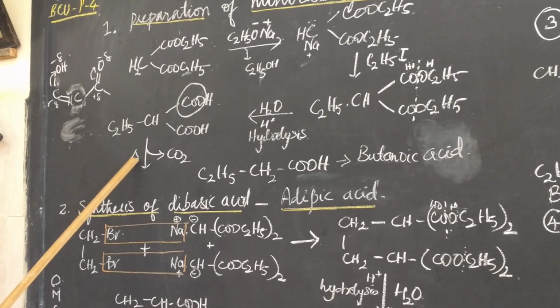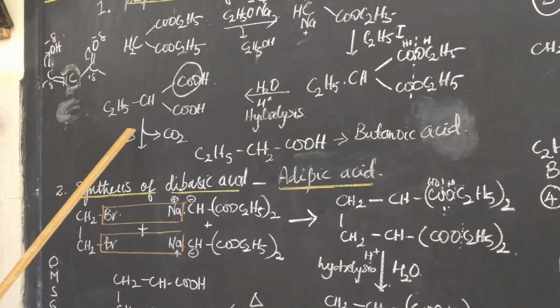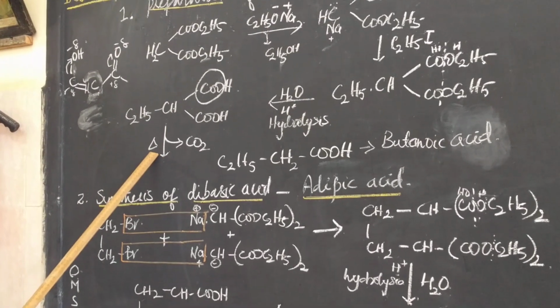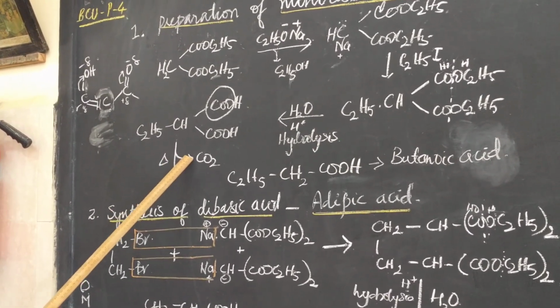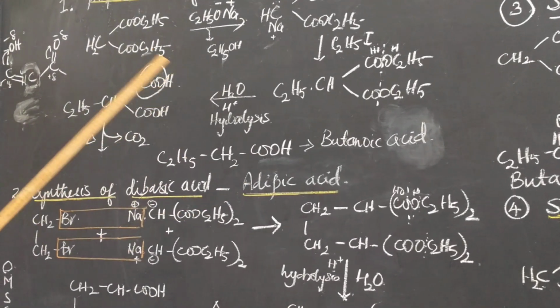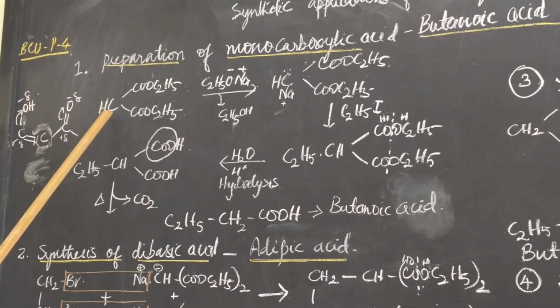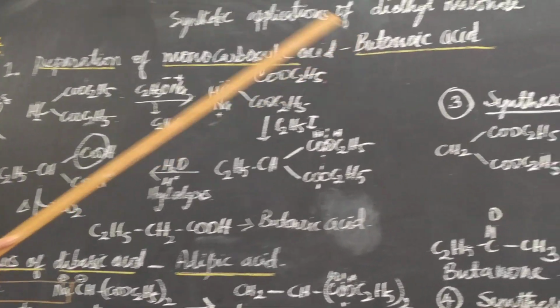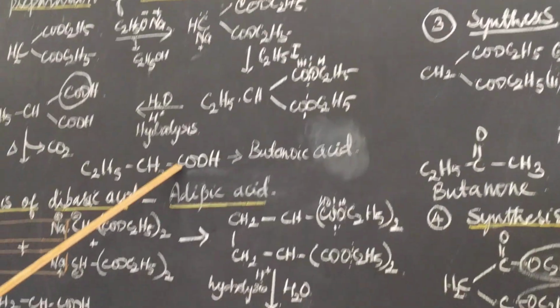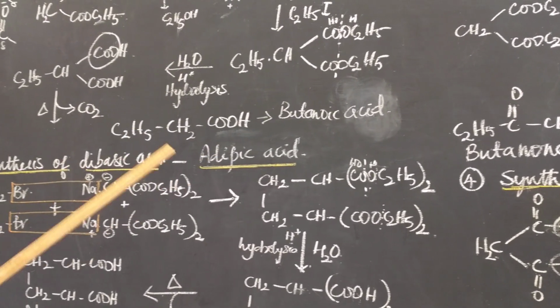So when I heat this salt, I dry distill it, carbon dioxide leaves, and I get back butanoic acid. That's what I'm supposed to do, how I convert my diethyl malonate to butanoic acid. Now there's one carbon, second, third and fourth, therefore this is butanoic acid.